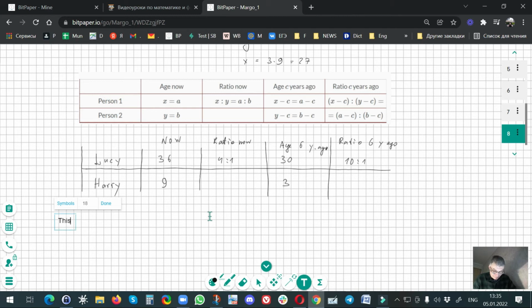This year, Lucy is 4 times older than her son, Harry.